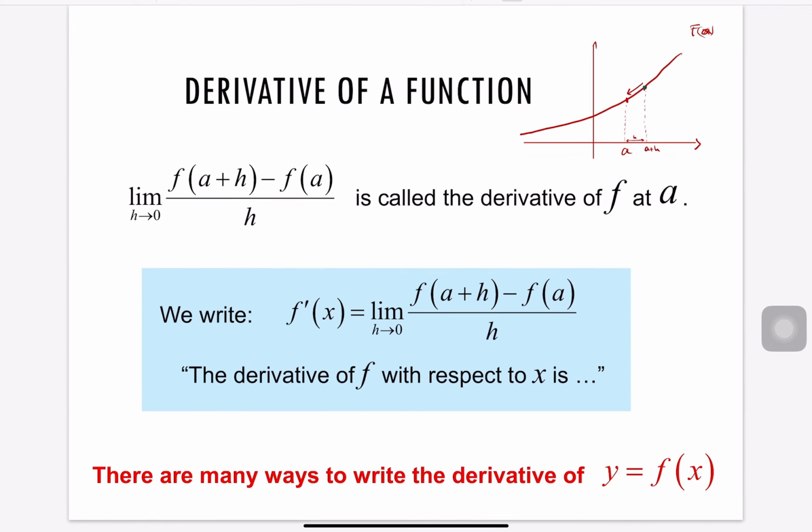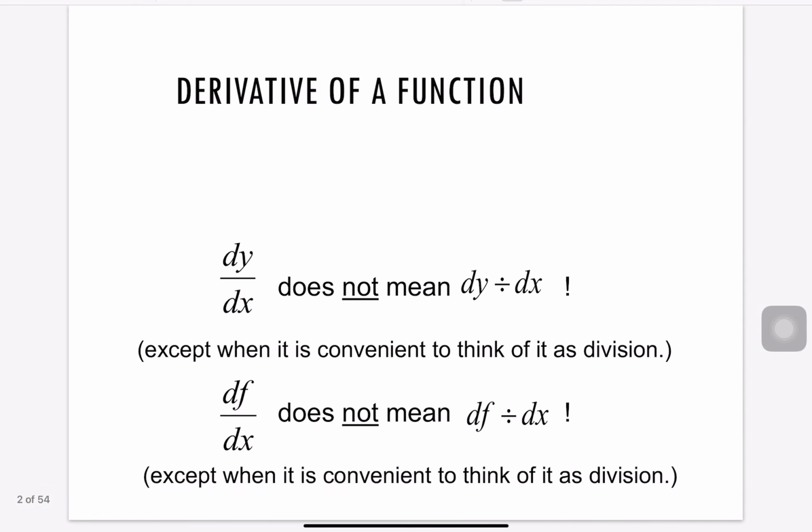There are many ways to write the derivative. We can show the derivative in the theoretical way as dy per dx or df per dx. Usually we show it with a d, but it depends on how our function is.